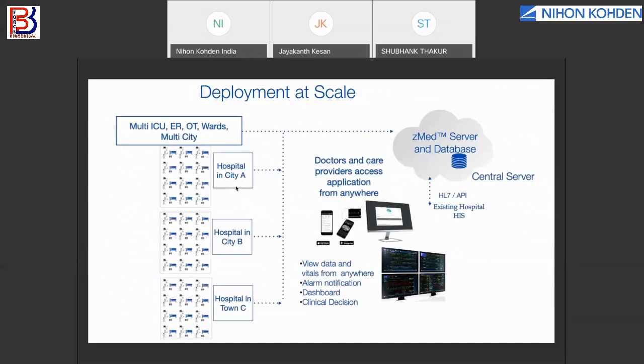So hospitals like Fortis or any other corporate hospitals that may have multiple centers can connect multiple units which are at geographically different locations, and the data can be presented anywhere, anytime for clinical decision making, and also the workflow application can be done, and you can come up with several clinical decision tools based on the data that you collect.